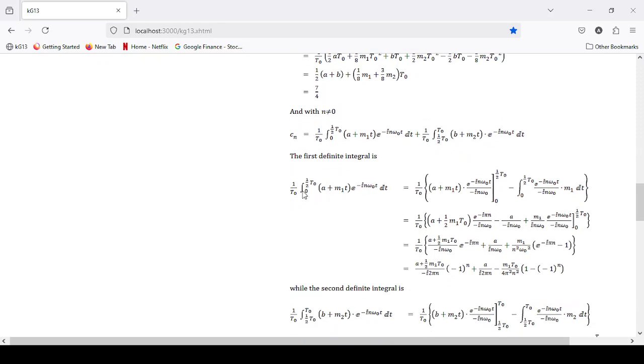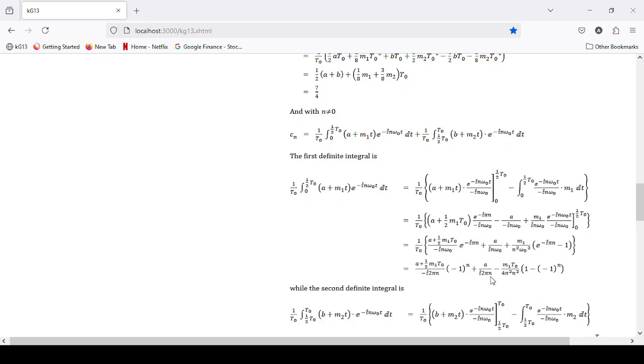Here's your first definite integral over the first half period for a plus m1t e to the minus I n omega naught t. Work it out here. We use the integration by parts formula there, and we get this as the answer. Take note that the answer is given in terms of a, m1, and t naught.